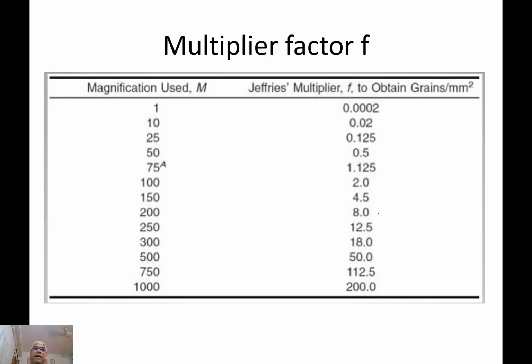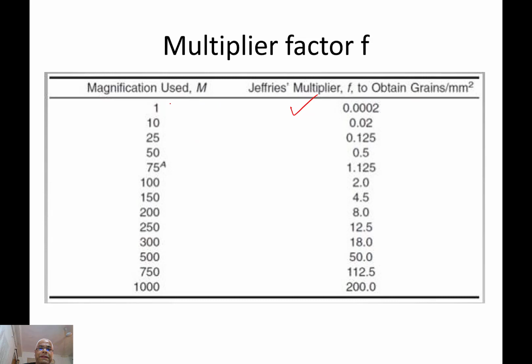So here, when we use micrographs taken at different magnifications, the Jeffries multiplying factor to obtain the number of grains per unit mm square is obtained by multiplying by the value of f.